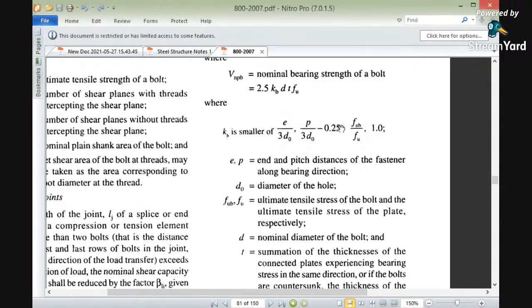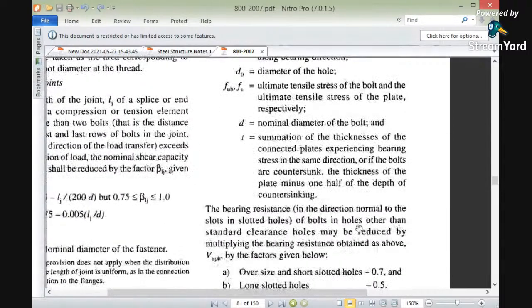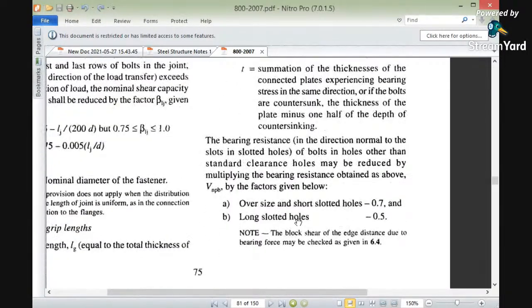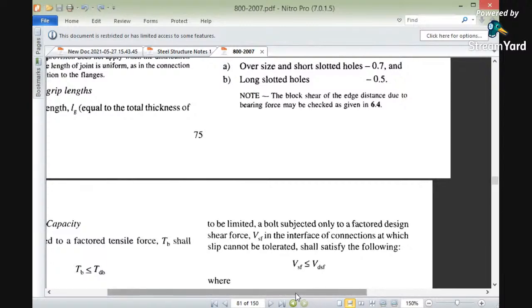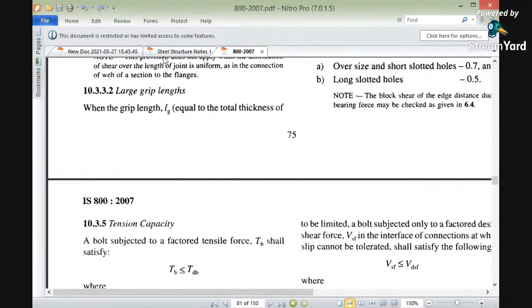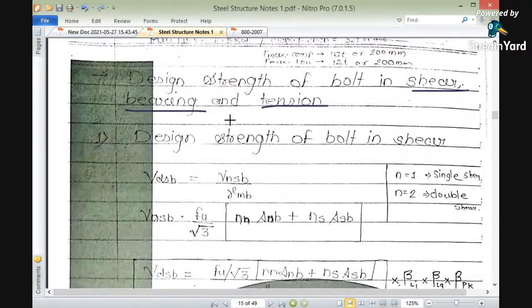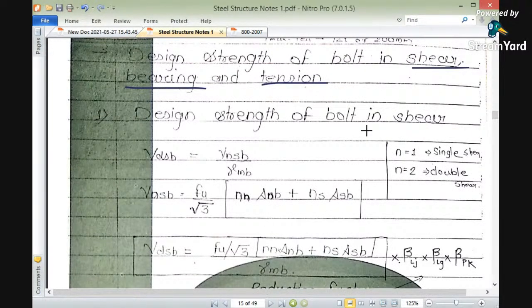What is d? In this formula we are using d t f_u. So d is the nominal diameter of the bolt and t is the thickness. These are the terms used while finding out the strength of a bolt.